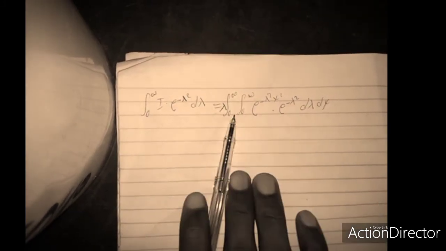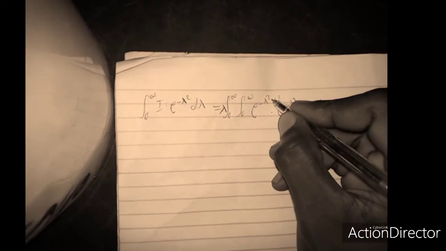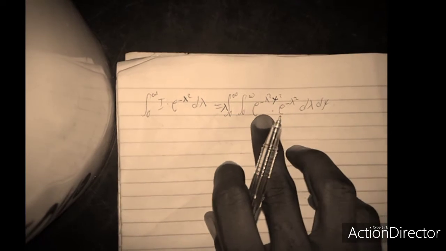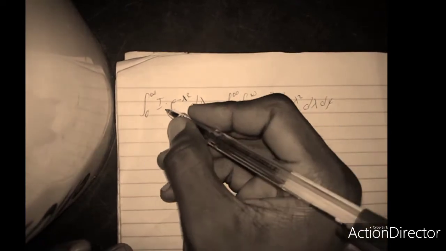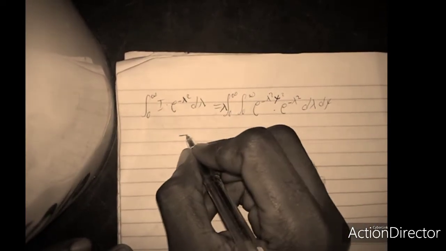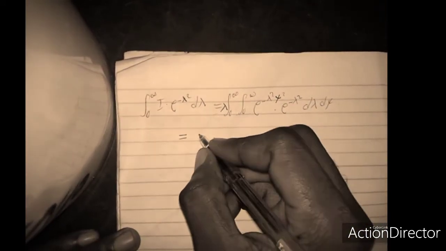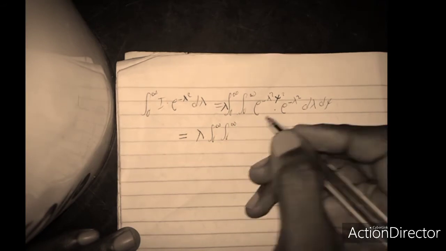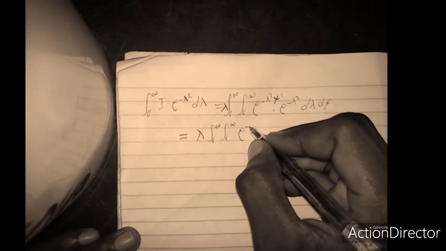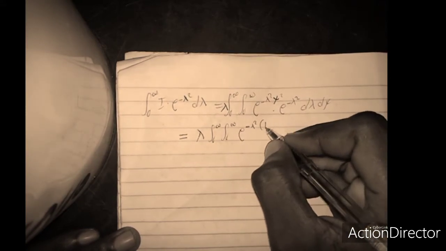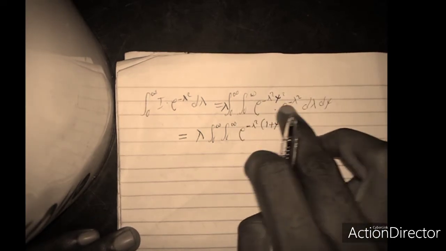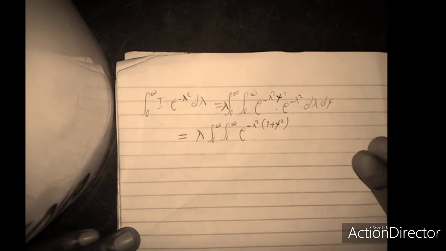Okay, so we continue on a new page. So from here, what we have here now, this is psi squared. Now we're going to use the law of indices to bring this together. So let me just leave my left hand side the way it is, so that when I need it I'll bring it there. This is lambda double integral from 0 to infinity. This will be e to the minus lambda squared times 1 plus psi squared. Using the law of indices, I'm bringing out the common factor, which is minus lambda squared.